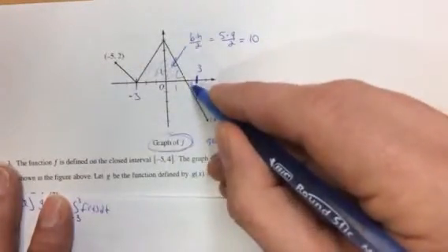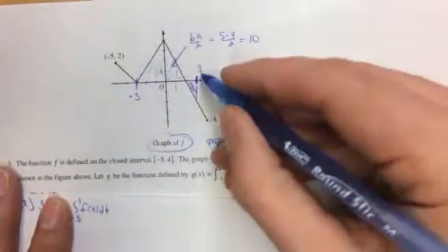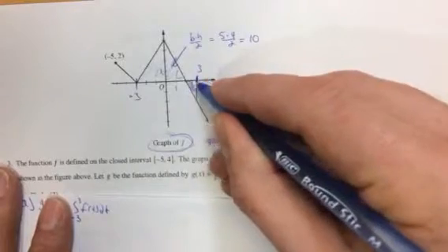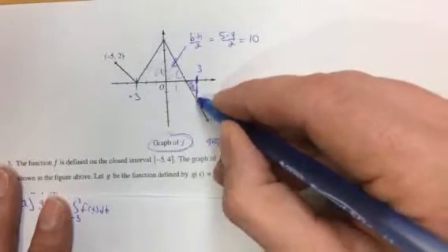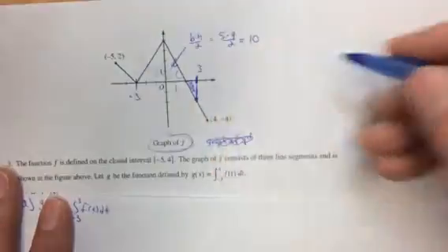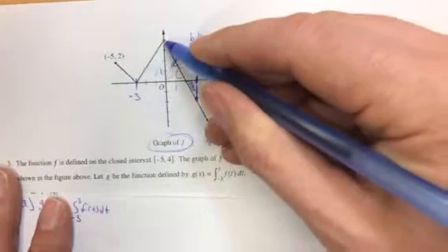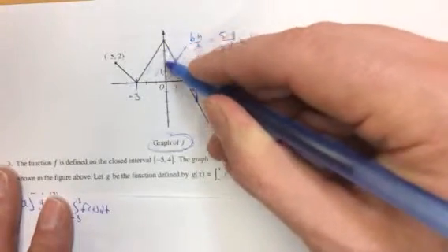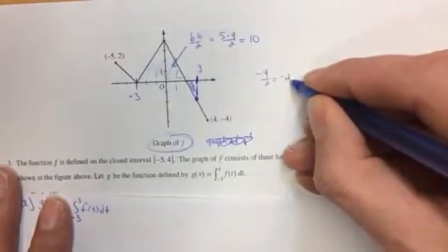Here, this area is below the x-axis, so when we do the integral, this will have a negative value. This is also a triangle. The base is obviously 1. The height, it's hard to tell exactly what this is. It looks like 2, but you want to make certain by finding the slope of the line. This line goes down by 4 over by 2. So the slope is -2.